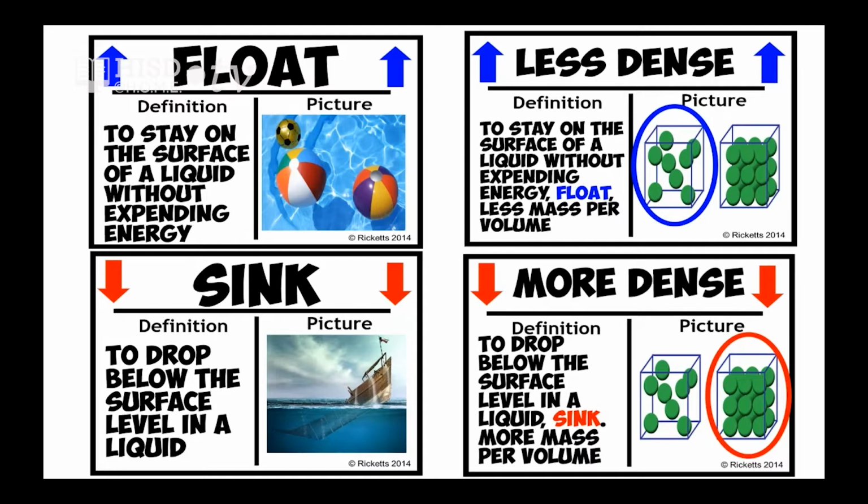So you can see that when we say float, in our context, it means the same thing as less dense. When I say sink, it means the same thing as more dense. Float equals less dense, sink equals more dense.